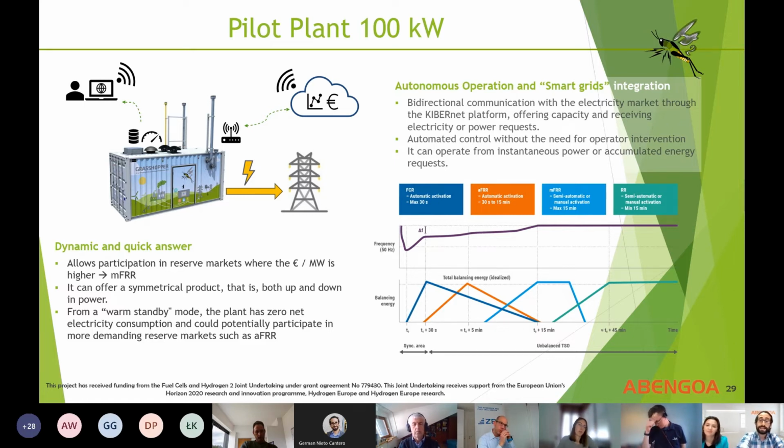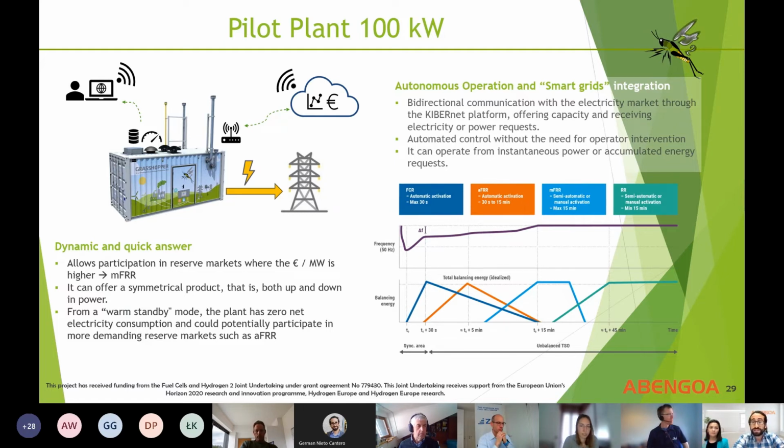You can see in the graph, at the bottom right, what the requirements are to participate in this market. As a result, the system must be flexible, fast-acting, and autonomous. And it was our intention with the pilot plant to address all of this. A single bidirectional power connection to the grid allows for very precise control of the net power being injected.